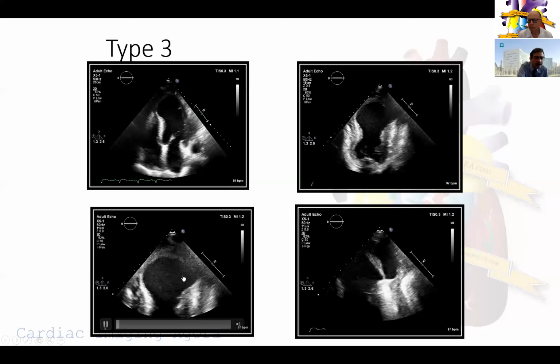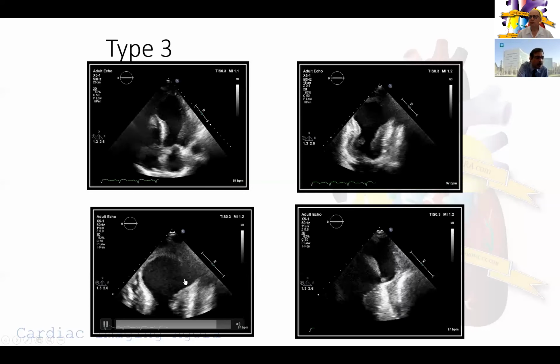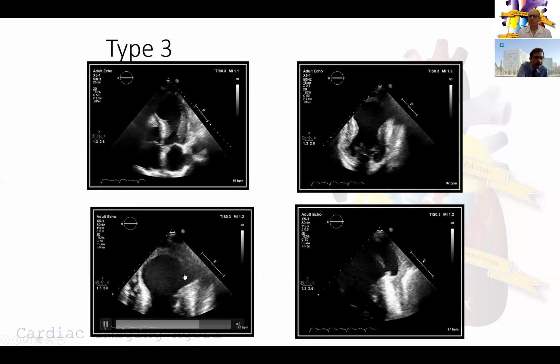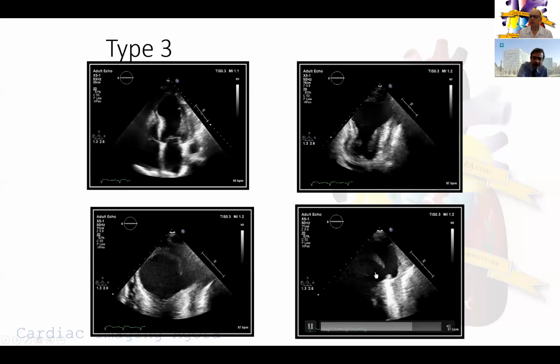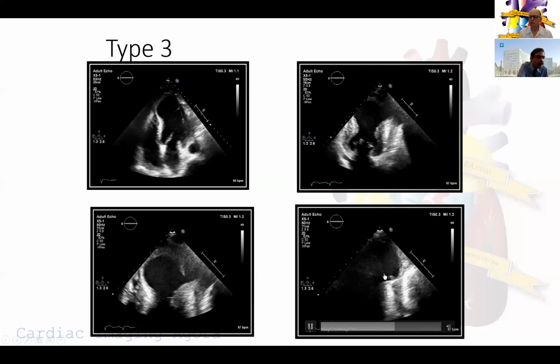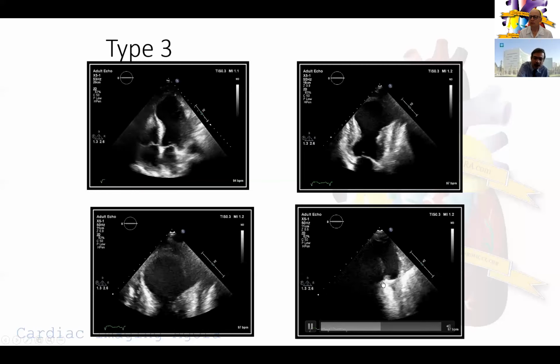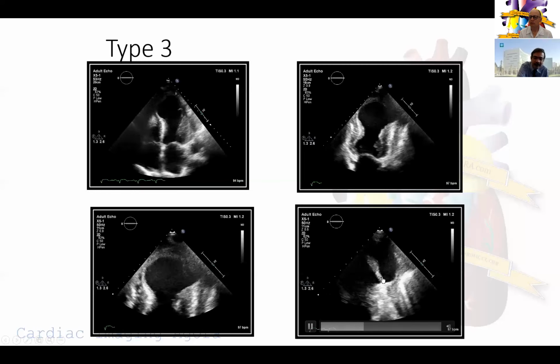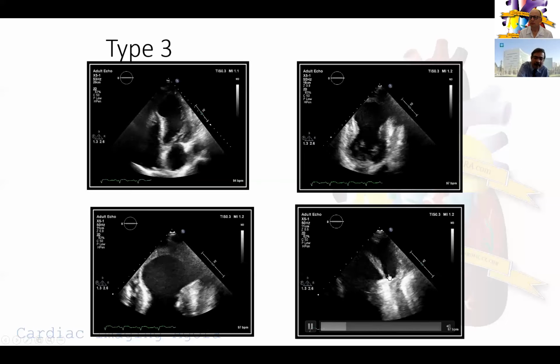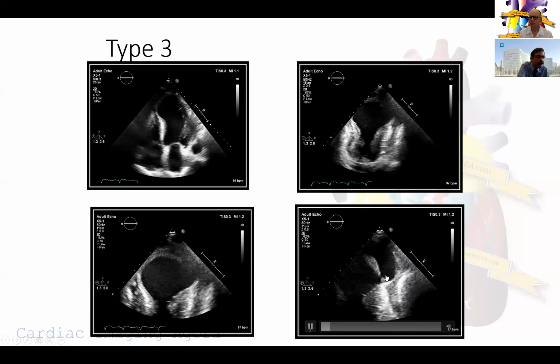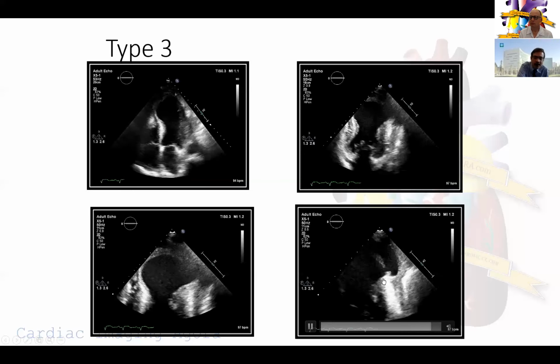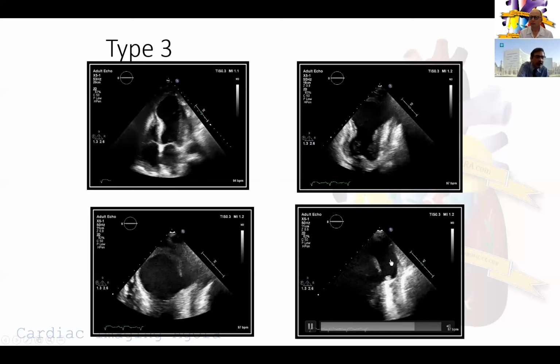You start suspecting whether this is a true pseudoaneurysm because the myocardium has eroded in this area. And I confirm that for you in the bottom right, where you can actually see that this is indeed an erosion and actually a pseudoaneurysm resulting from a myocardial infarction that has ruptured into the pericardial cavity.